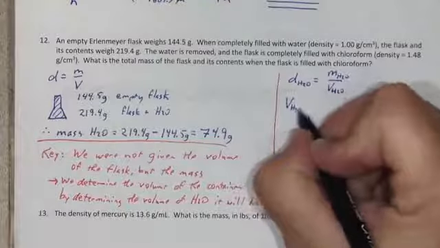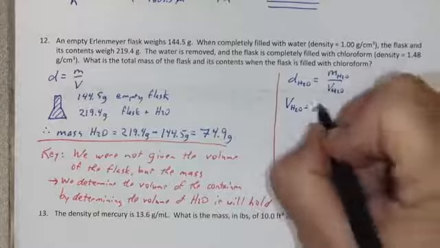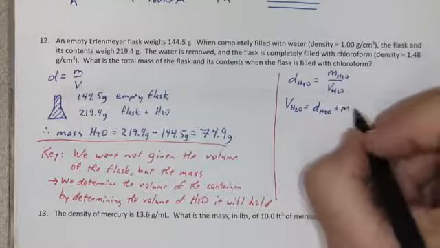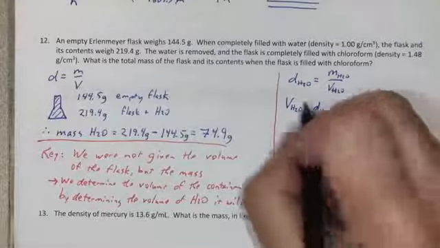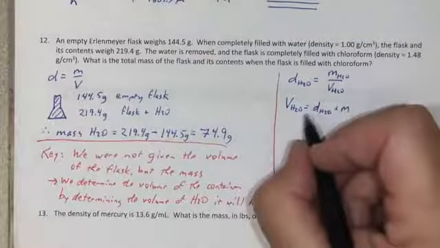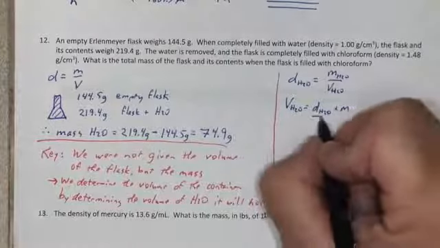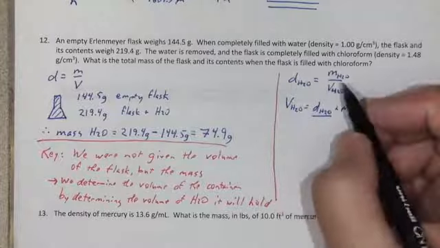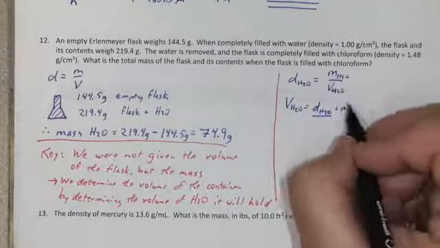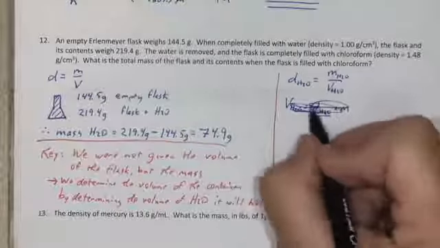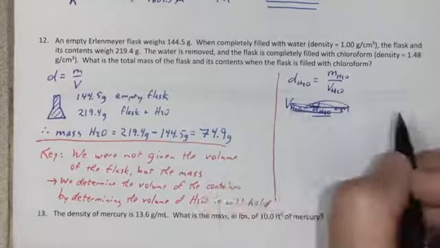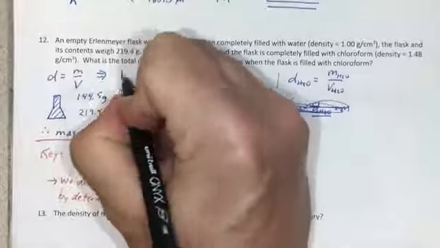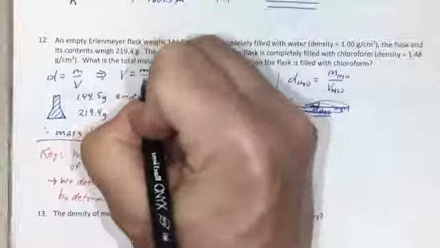I wrote this incorrectly. When I rearrange this equation, volume is equal to mass over density.